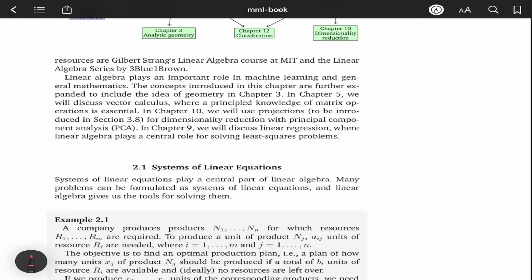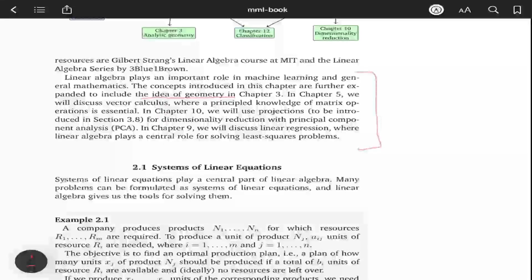Linear algebra plays an important role in machine learning and general mathematics. The concepts introduced in this chapter are further explained to include the idea of geometry in chapter 3. In chapter 5, we will discuss vector calculus, which is where a principled knowledge of matrix operations is essential. In chapter 10, we will use projections for dimensionality reduction.